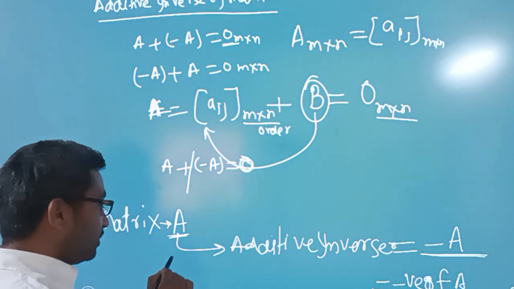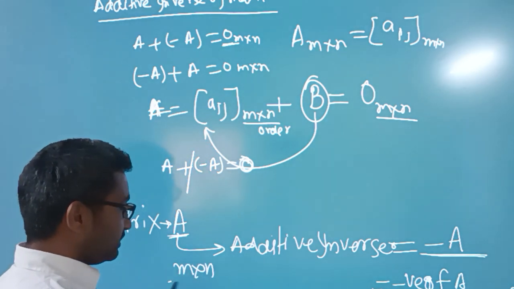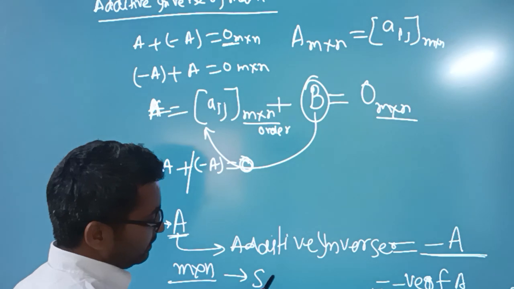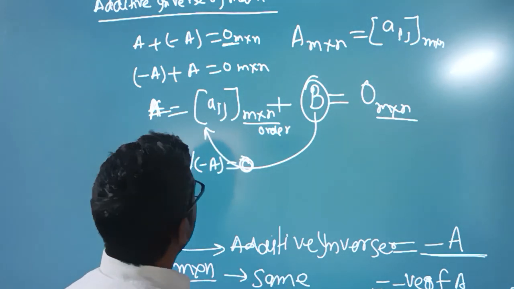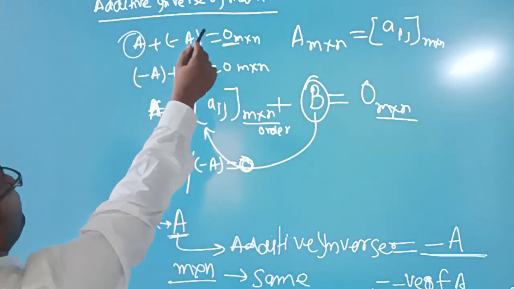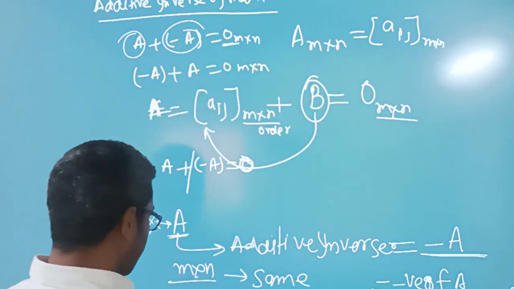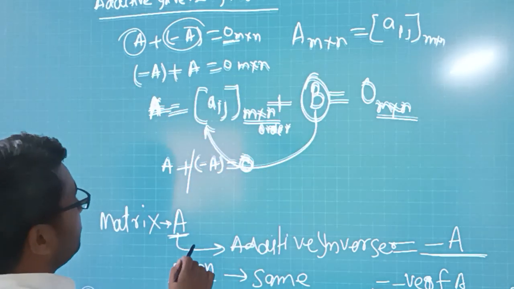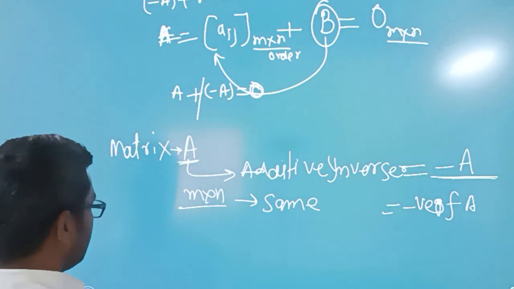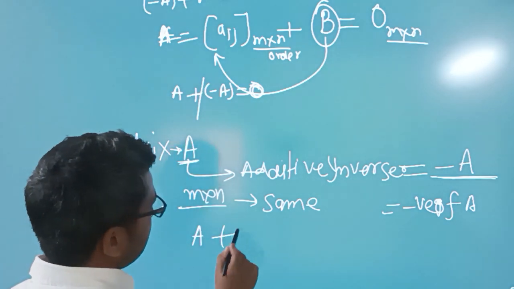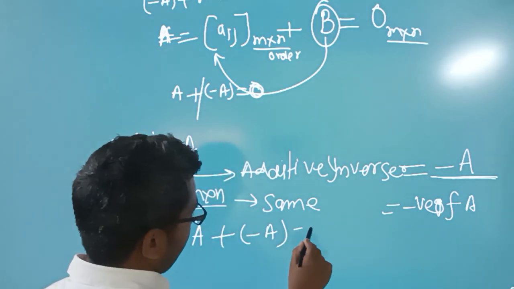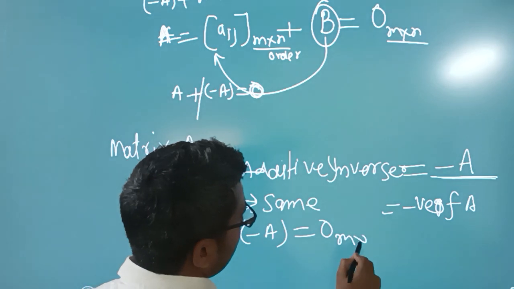The order m cross n should be the same for the original matrix and its additive inverse. So we also apply A plus minus A, the negative of A, equal to O, m cross n.